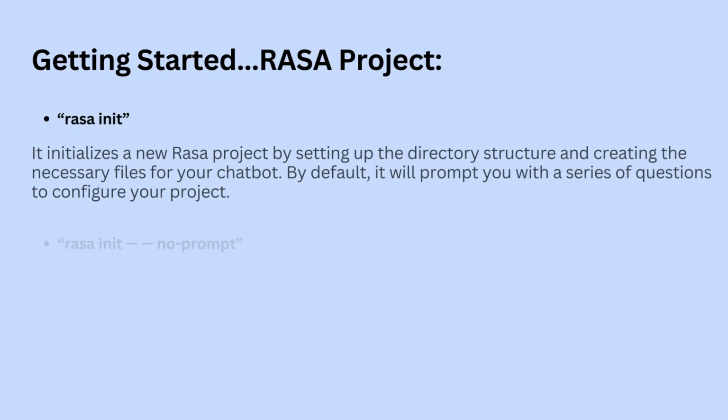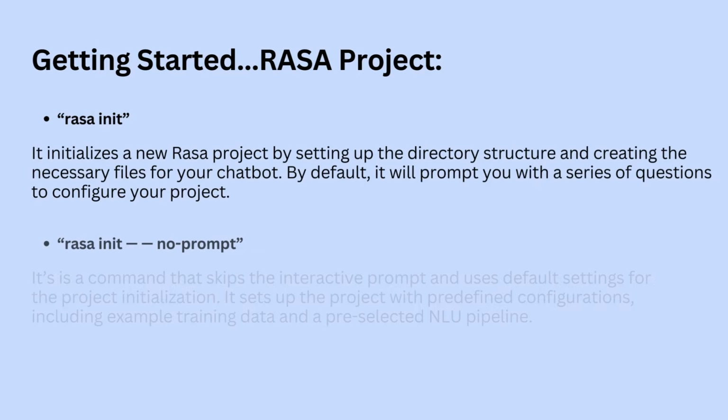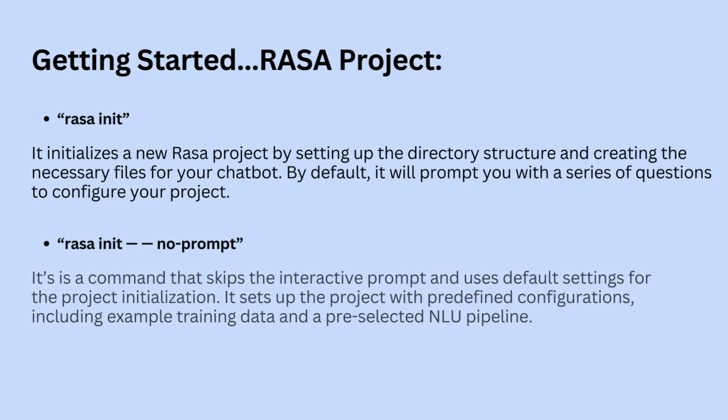Now, to spin up our first chatbot using Rasa open source, there are two commands that we can use. It's either the rasa init command or the rasa init --no-prompt command. So what's the difference between those two commands, and which one will we be using in our introductory video to conversational assistants and Rasa open source?